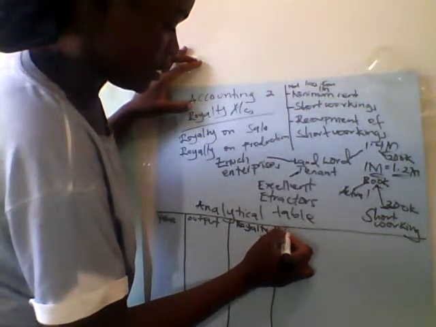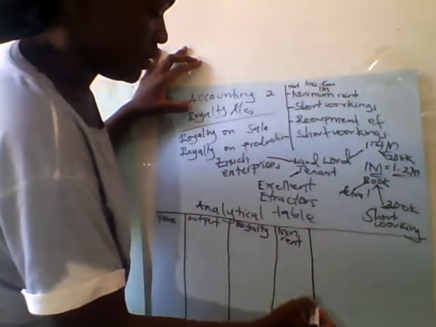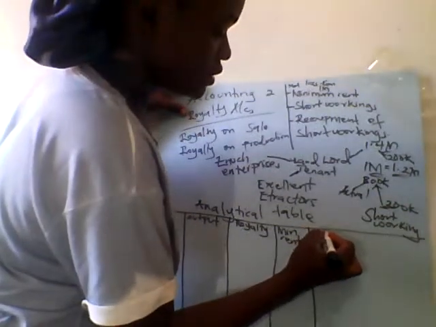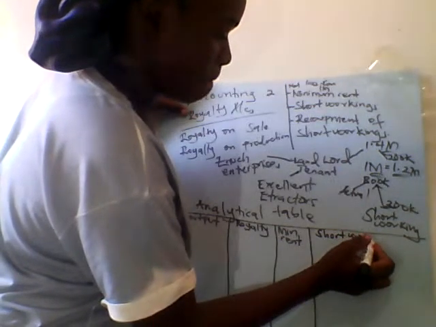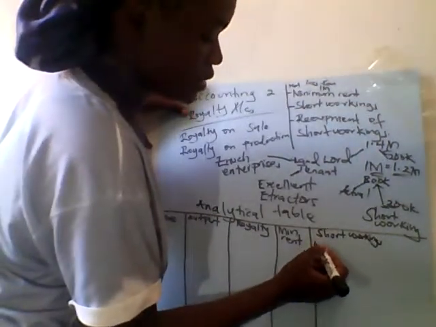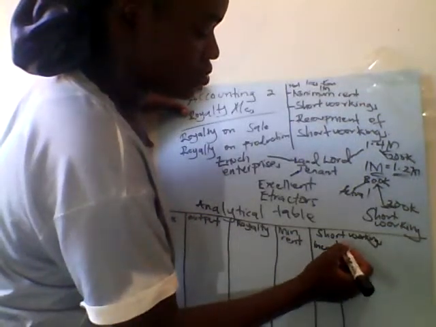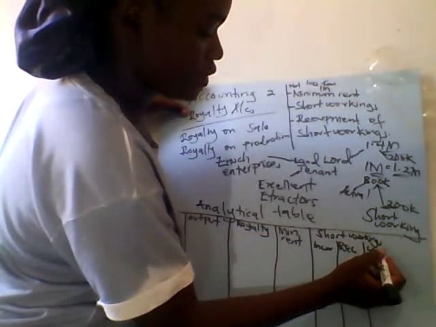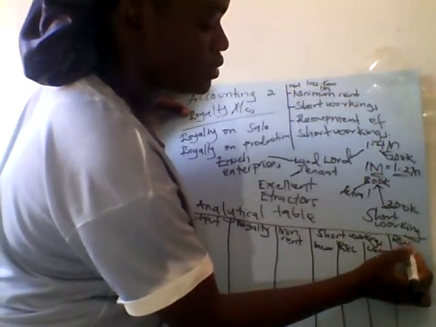We have minimum rent. We have short workings. But for short workings, we have the short workings incurred, then what is recovered and what is unrecovered. Then lastly, we have the royalty paid.